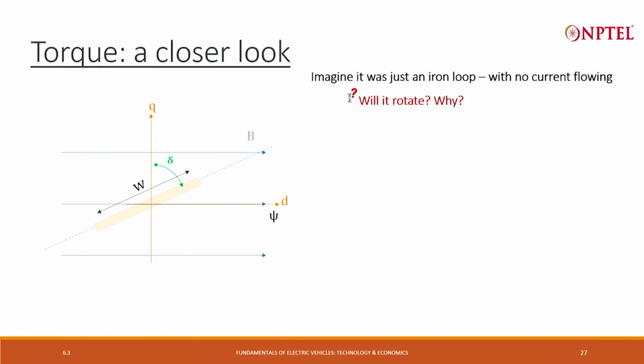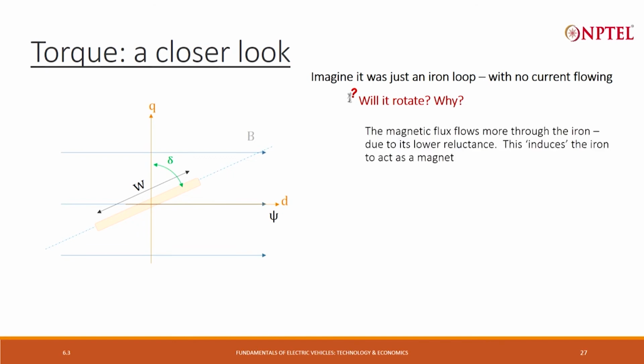Just as the copper wire is inside the magnetic field, the steel is also in the magnetic field. Does the steel experience any torque, or is it only the copper wire that experiences a torque? That means, if I strip the motor of all the winding wires, will it still rotate or not, is the question.